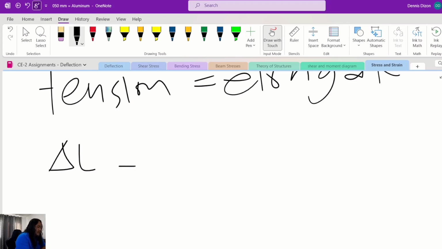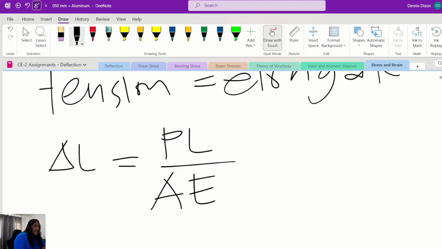So this is equal to P, which is the force, then L, which is the initial length, over the area times the modulus of elasticity. So in this example, this is L of the aluminum, and then area of the aluminum, and then modulus of elasticity of the aluminum.